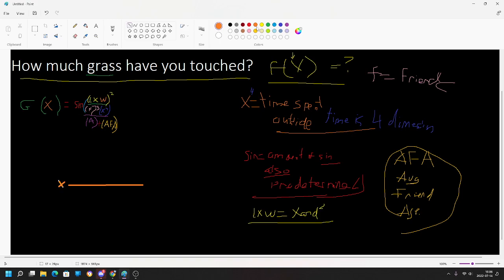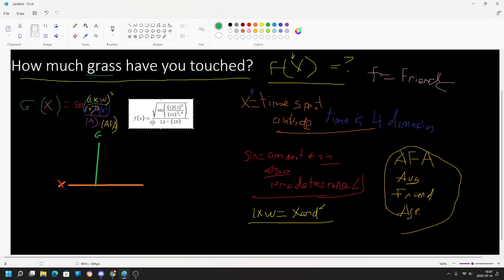And our y-axis will be the amount of grass touched. So we can see that this function, if we used our little predetermined amounts, this right here.